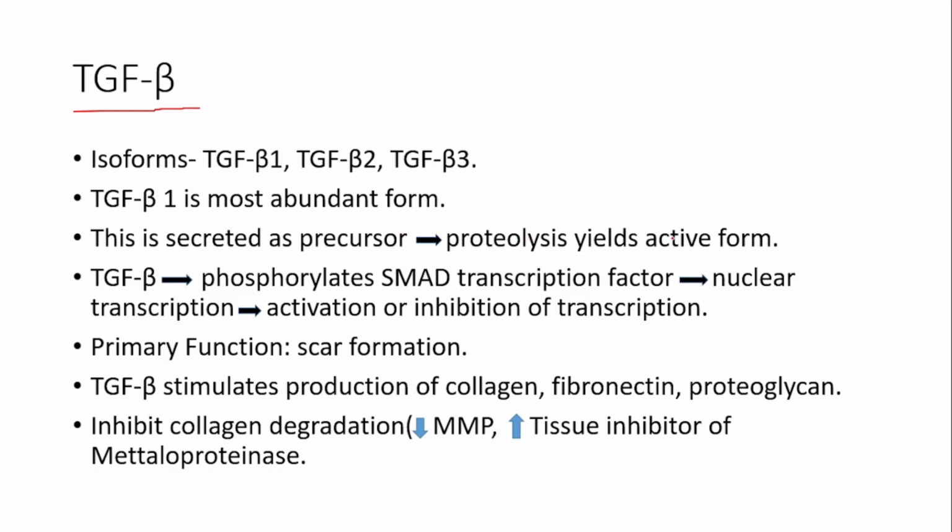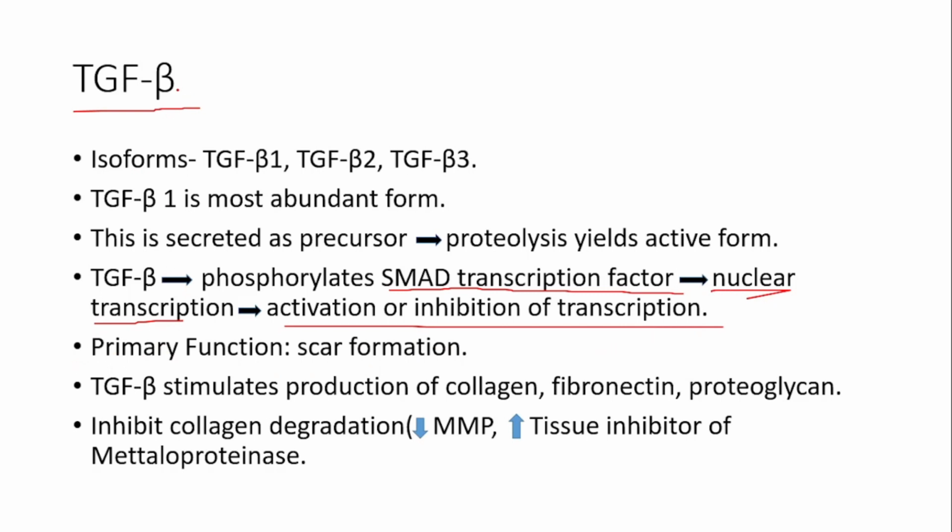This proteolysis yields the active form of TGF beta. TGF beta induces the phosphorylation of various cytoplasmic transcription factors such as SMAD transcription factor, and this leads to the nuclear transcription and thereby activation or inhibition of the transcription.